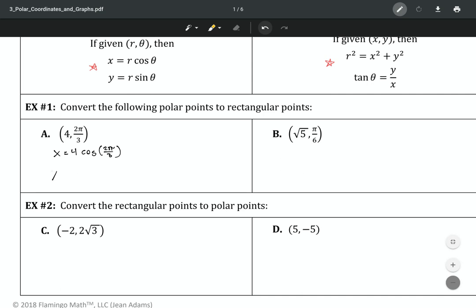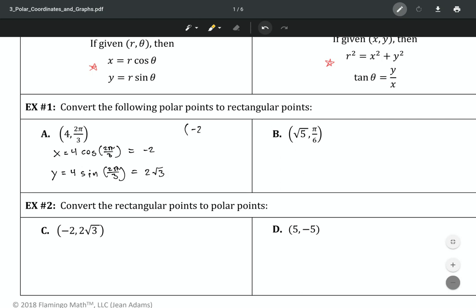And the y coordinate would be the same thing, except with a sine: 4 sine of 2 pi over 3. If you do a little bit of math, this would give you negative 2, and this is going to give you 2 square roots of 3. Okay, so this is how you found this point over here.